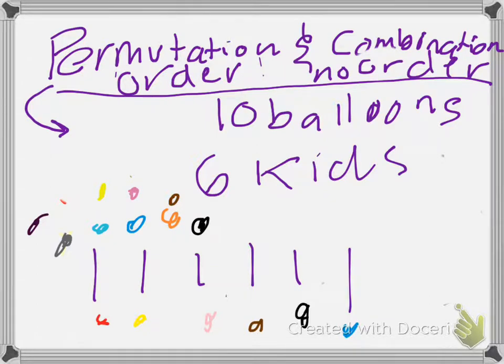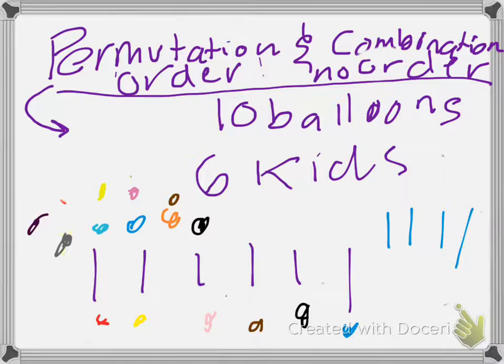So in total we've given out 6 balloons, and we have 4 balloons left. Just pretend they're different colors. I don't feel like going through the colors again. Okay, so say you give each child those balloons in that certain order.